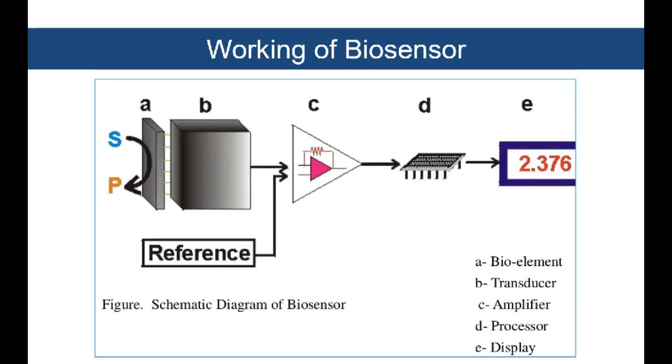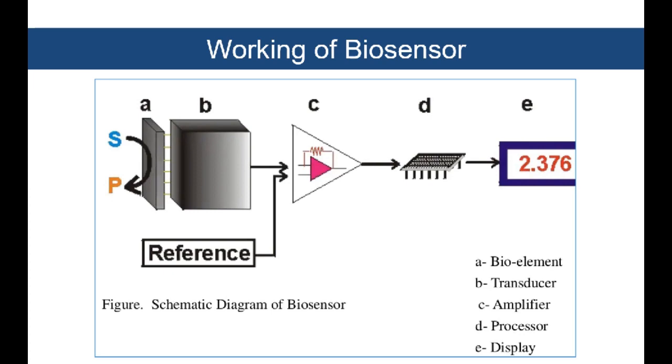Now let's see the working of a biosensor. In this diagram you can see that the naming is done like A, B, C, D, E. Those are the names of the elements taken in the diagram.